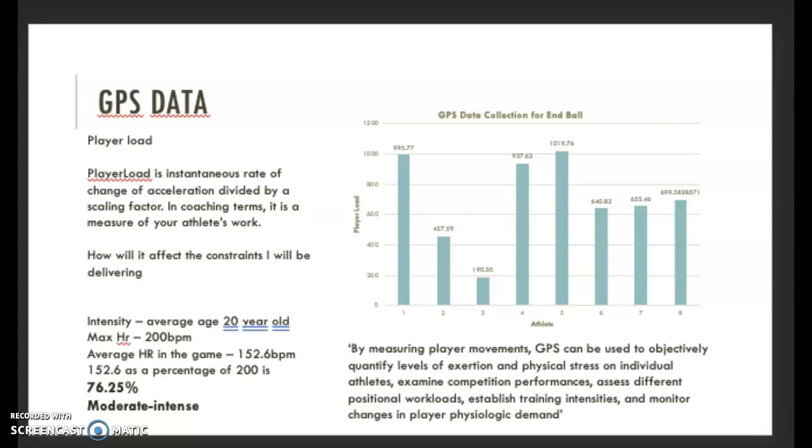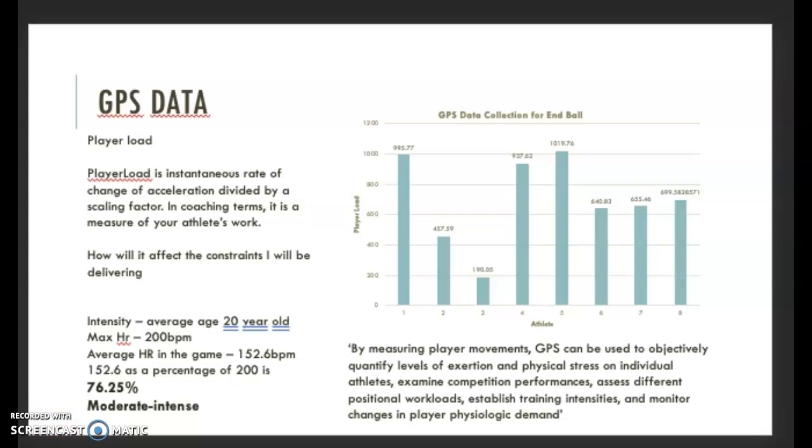Basically it's just a measure of your athlete's work. I'm going to use this data to implement into my intervention, but I need to make sure that the players are working with the same player load as in the game, so they're working at a game pace so they can improve their performance.